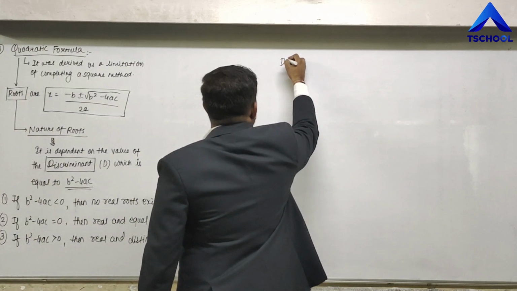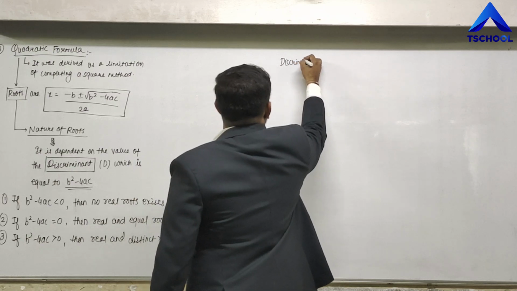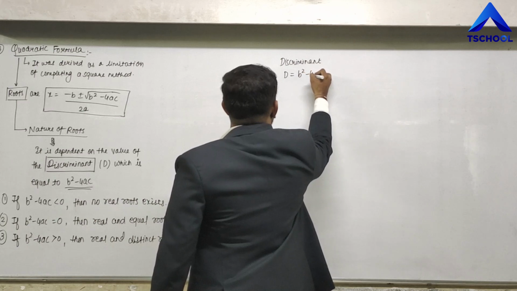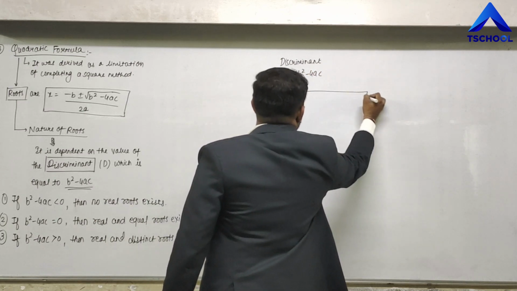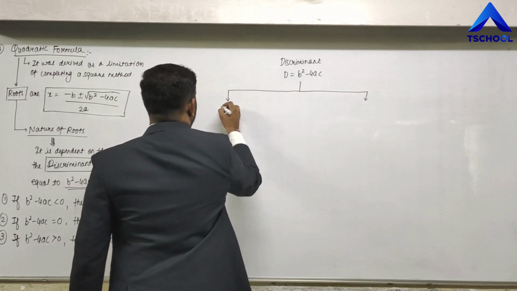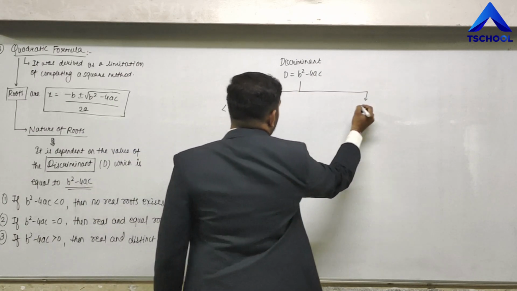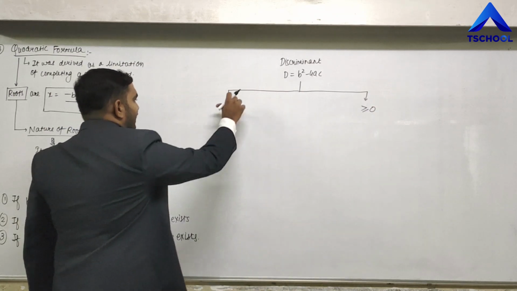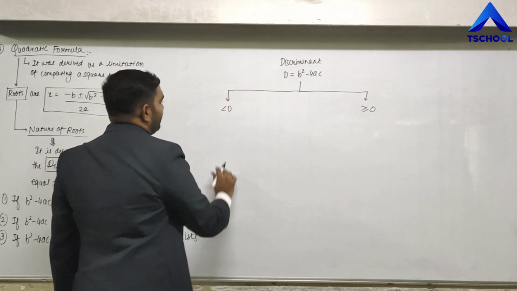That means discriminant D equals b square minus 4ac. We are having mainly two cases: if it is less than 0 and if it is greater than or equal to 0, right? When we are dealing with inequalities, we mainly have these two cases.